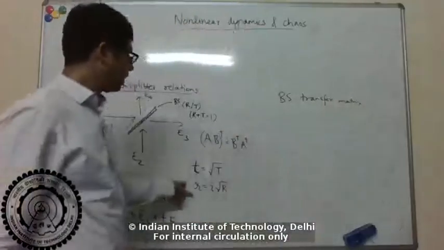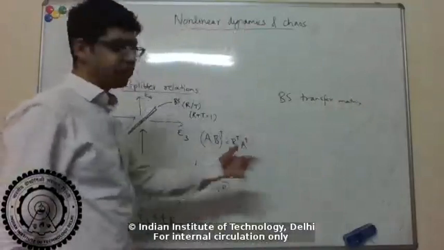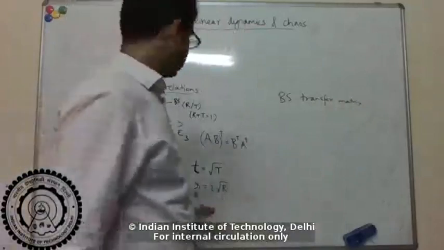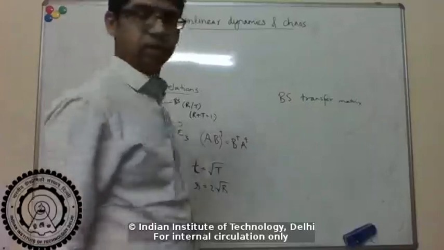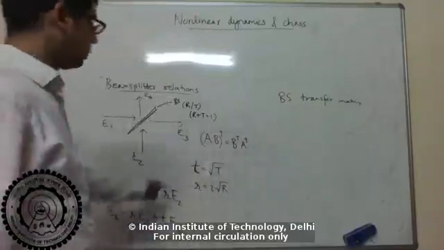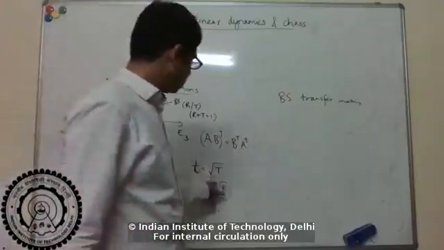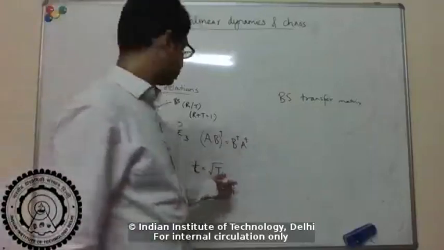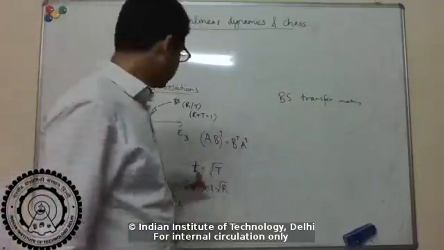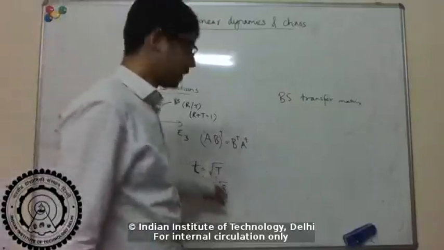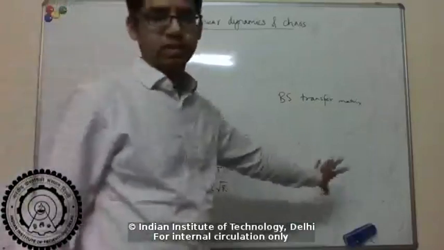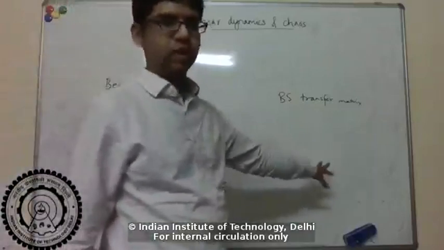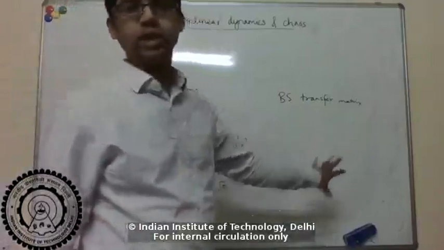So this is not unique, but whatever relation you choose, physically what is happening is there's a pi by 2 phase shift between the reflected and transmitted. So the mathematical form that you can choose is not unique. Here we chose T to be real, and then we got R as I times this, but you could choose other forms also that satisfy that equation of T conjugate R plus R conjugate T is 0.